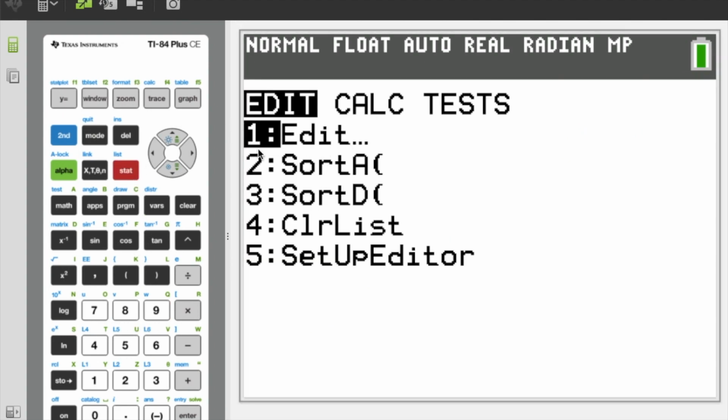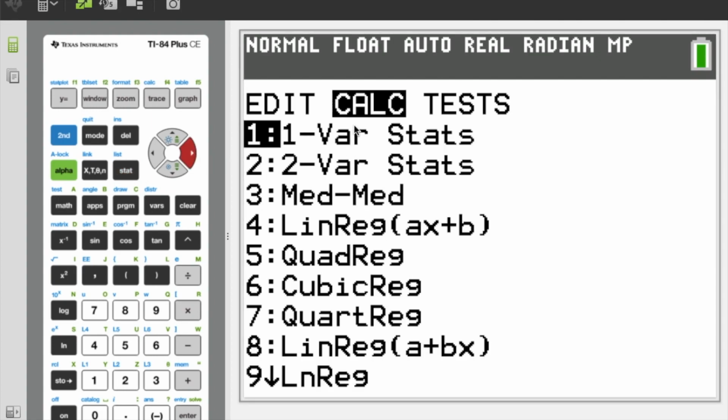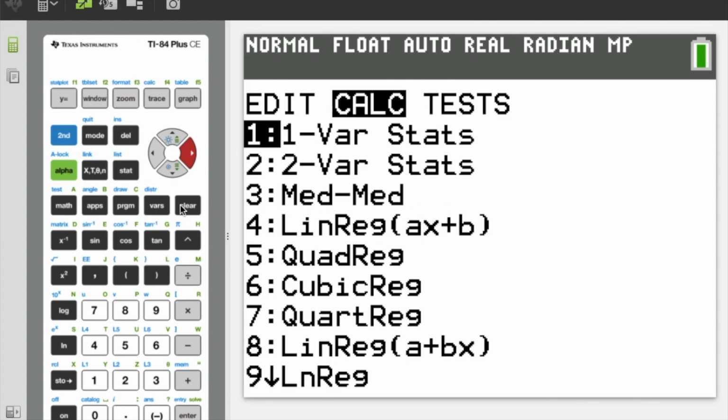If you remember, we used edit to enter my data. But this time I'm going to go to calc, and I'm dealing with linear regression. And actually, if you look through, you see I have two options. We're always going to stick with number 4 because we're used to seeing linear equations written in this ax plus b, right? Except instead of an a, we traditionally use m for slope, but it means the same thing. So we're going to use number 4.